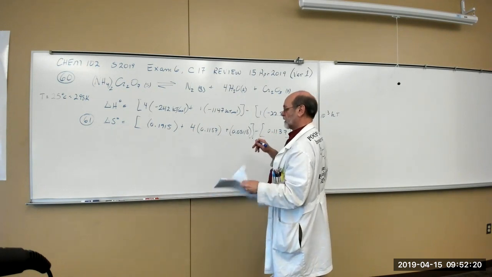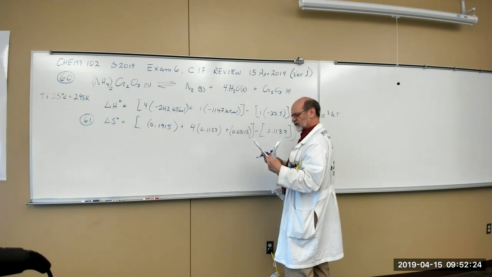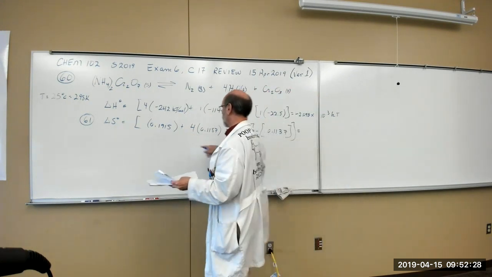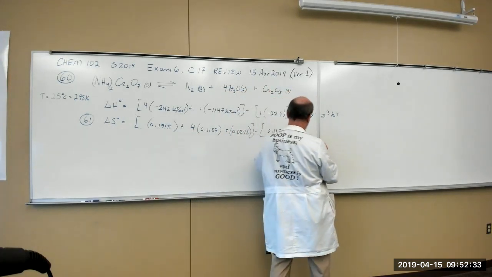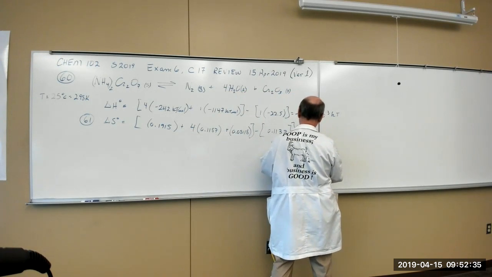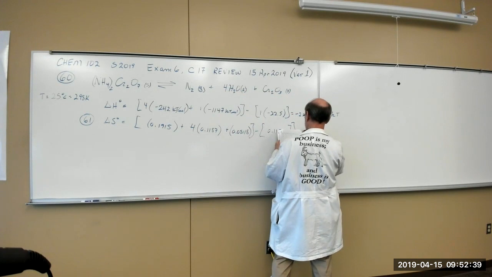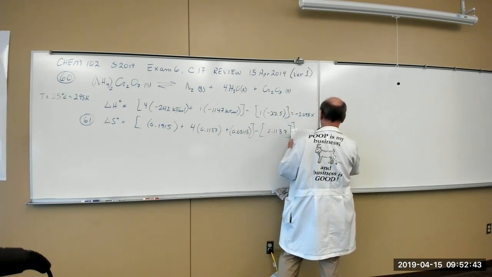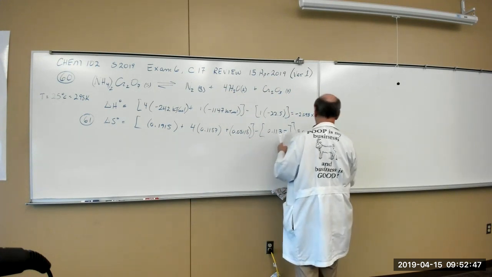And this is unusual: the entropy is given in kilojoules. That's why it's these decimal numbers. Normally it would be in joules and you'd have to convert, but we're being kind. And this is 0.6338 kilojoules per K.